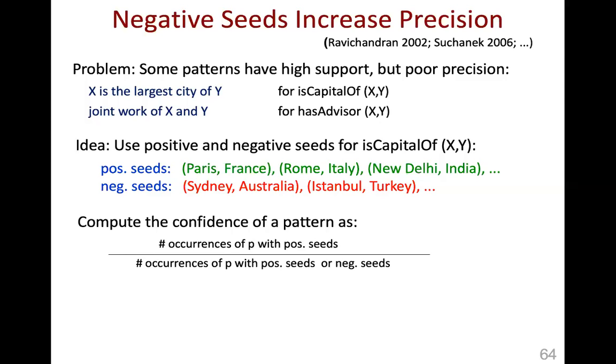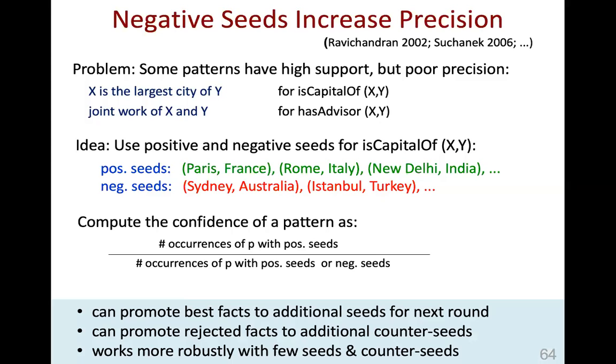So again, we can compute the confidence of a pattern as in the formula and can promote the best facts into additional seeds for the next round. We can promote rejected facts into additional counter seeds, right? So that works more robustly with a few seeds and counter seeds, right?